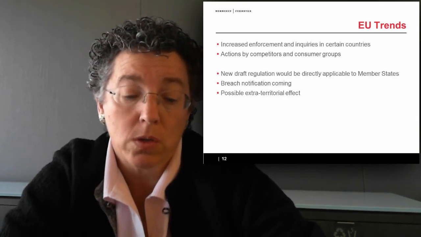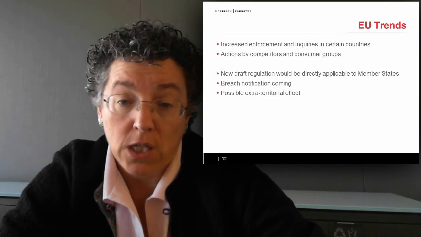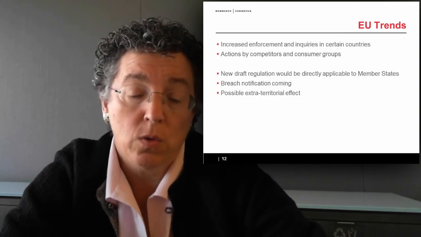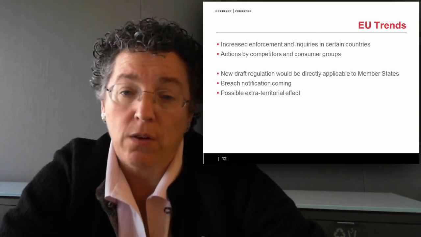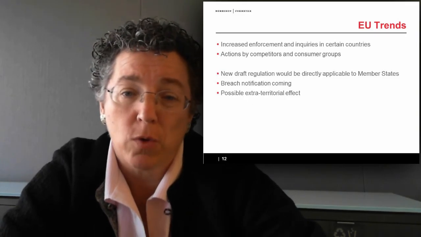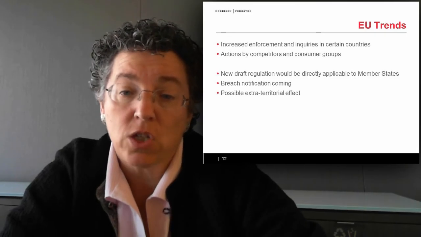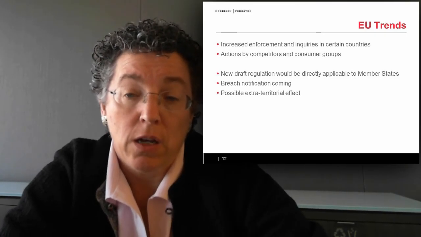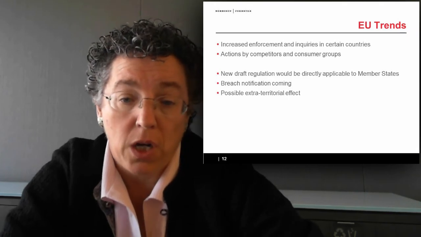There is a new draft regulation that has been proposed by the EU. If that goes into effect, if it is agreed to, it will come into force at the earliest in 2017. There are significant changes in that regulation. If it does go into force, it will have a significant effect on companies operating in Europe.